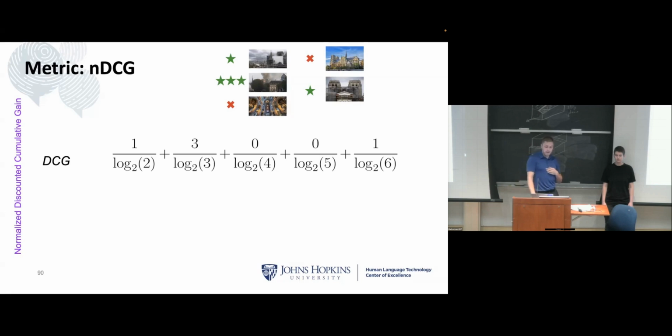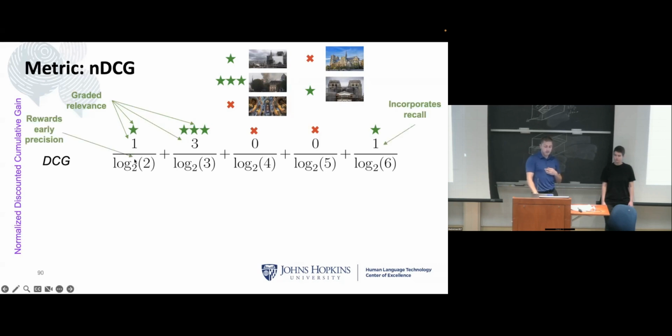So we can see the numerators here are the graded relevance. The denominators are rewarding early precision. So basically it's weighting higher the videos that are ranked at the top, and then progressively gets lower as you go down up to a certain point. So you could do the entire distribution. We did NDCG at 10.